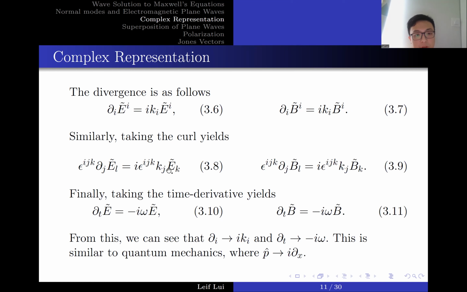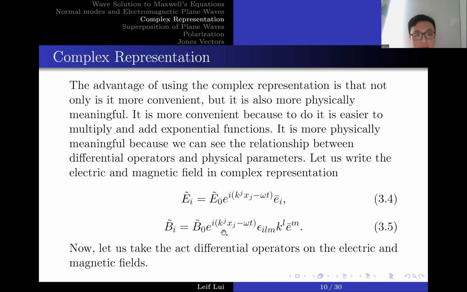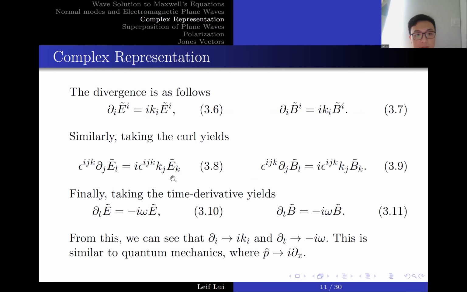Since we only have an xj component here, by doing this computation we find that the curl of the electric field is the cross product of the wave vector and the electric field. Similarly, the curl of the magnetic field is the cross product of the k vector and the magnetic field, multiplied by i.